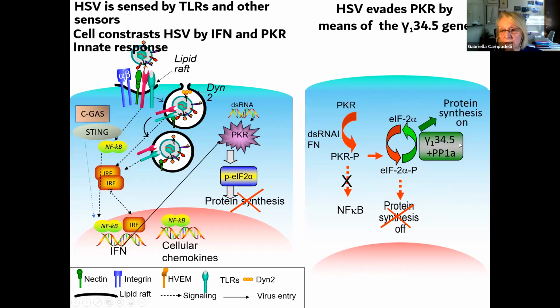And this gene product brings a phosphatase to EIF2 alpha, which becomes dephosphorylated, and the protein synthesis is restored. So this is the way in which the virus evades the cell defense. So it was discovered in the 90s.